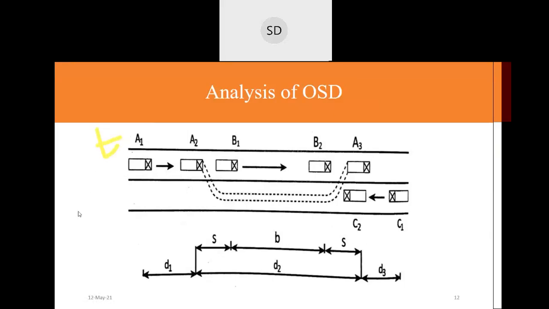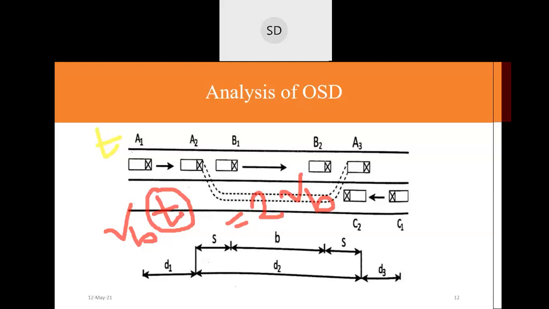In that case, the total distance A1 to A2 would be VB into T. Here T is a constant, considered as 2 seconds as per the recommendation from the code. So your VBT is nothing but 2 into VB.